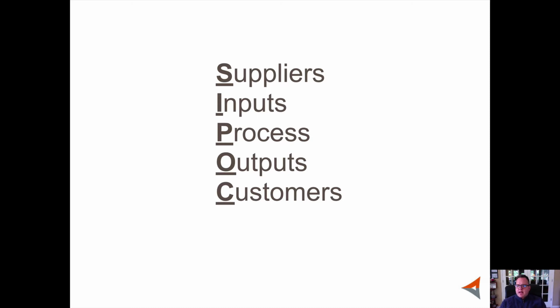The output could be a completed loan application. The output could be a customer who did not apply. So the output could be a rejected sales deal. And the customers are the next people who handle that information.